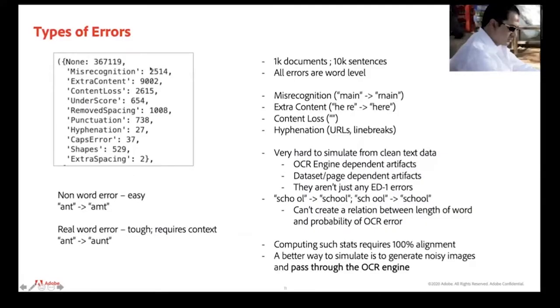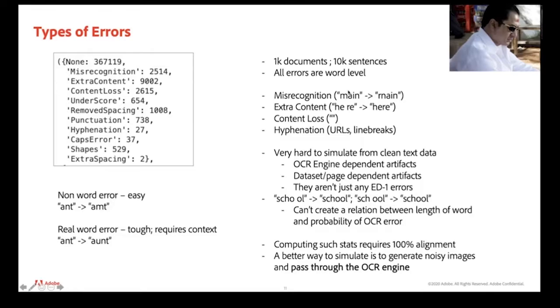I'll go through what errors are there. Mostly there are no errors in the document. Most of the words have a none token, which basically means they have no errors. But there could be misrecognition errors, where, for example, this M is read as R space N. This is the OCR text, and this is the ground truth text.